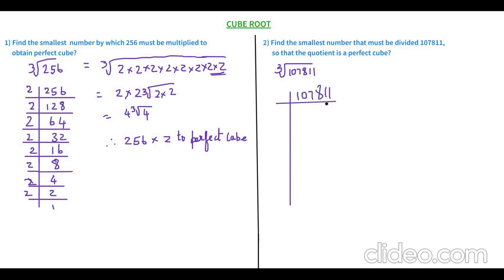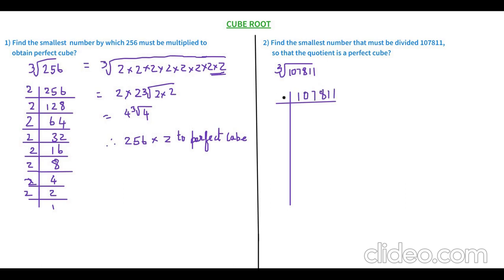Since this is not an even number, it's not divisible by 2. How to check divisibility, I've already explained in my previous video. So let's see whether it is divisible by 3. For 3 we add up the digits: 1 plus 7 is 8, 8 plus 8 is 16, 17 and 18. So this is 18, which is divisible by 3.